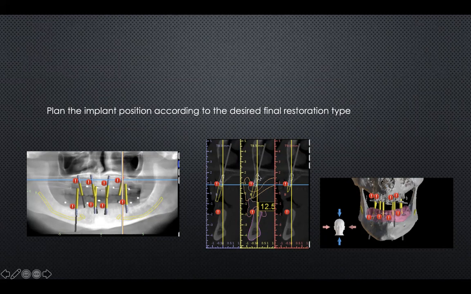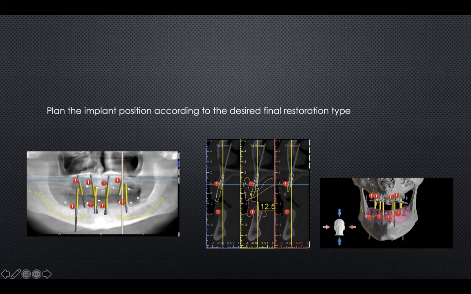And for such a type of restoration, we need 9 to 10 millimeters from the implant platform to the occlusal plane. So we can position our implant according to that. So it will be surrounded by bone in a good position and a good AP spread, anterior posterior spread, and also in a good position where we have at least 9 to 10 millimeters of space between the shoulder of the implant, or the platform of the implant, and the occlusal plane.